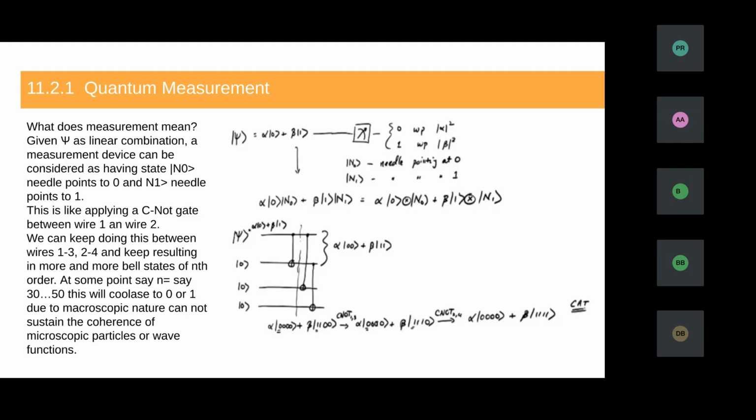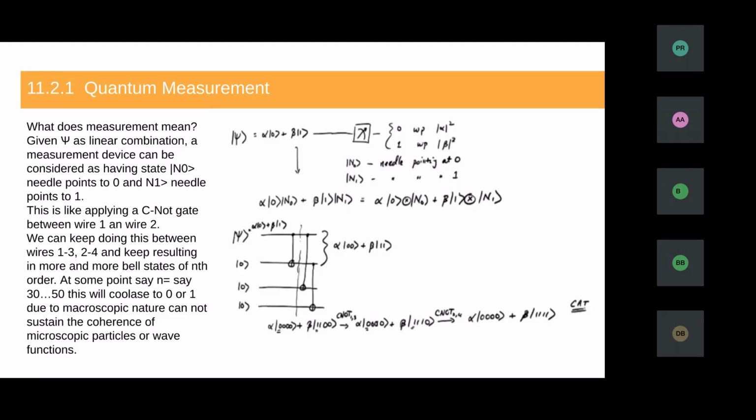So you may not get any of the states which are coherently available for you to measure. So it collapses in that case. That's why it's not that you can keep on adding infinitely, because there is a noise element. Whenever a qubit interacts with the environment, there is an impact on that, and that is the noise impact.